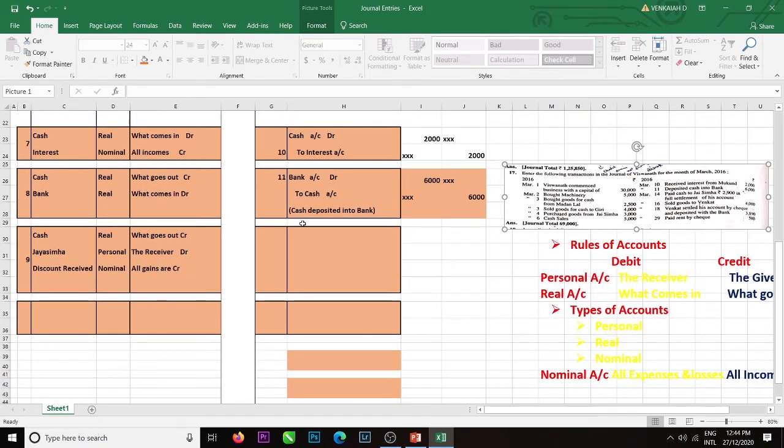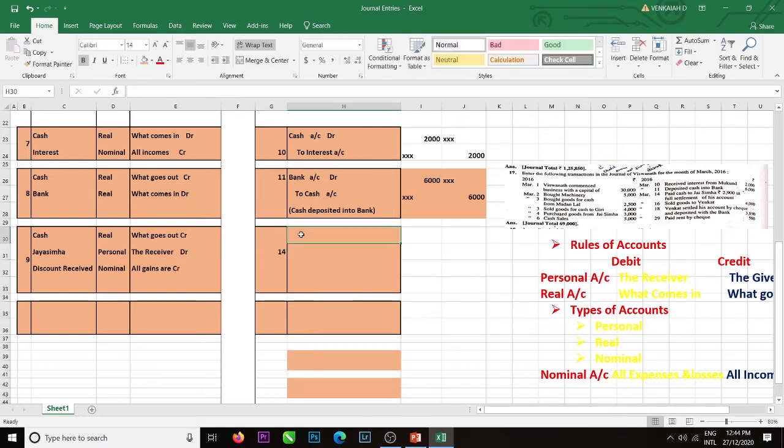The date is 14th. Debit account is Jaisimha. How much amount do we have to give to Jaisimha? 3,000. Out of that, how much are we paying in cash? 2,900.